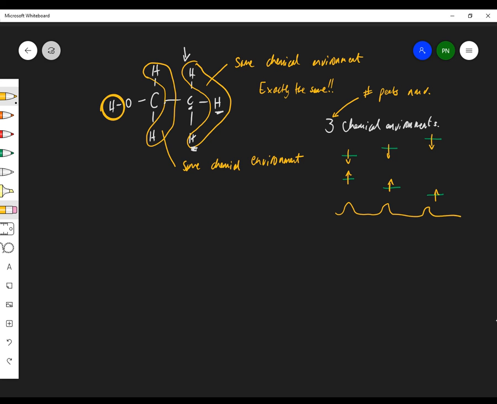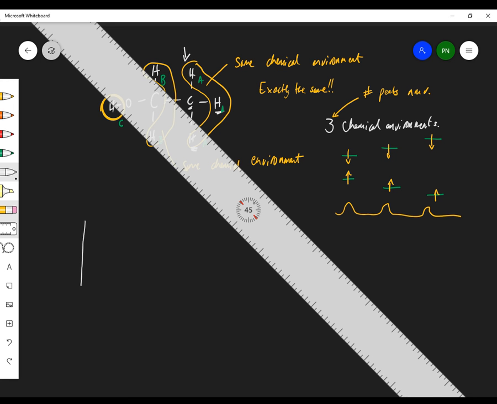All right. Now let's look a bit more closely at this. Let's call these HC, these 2 HB, and these 3 HA. And let's draw the spectrum down here. Let me draw it nicely. Get a ruler out.